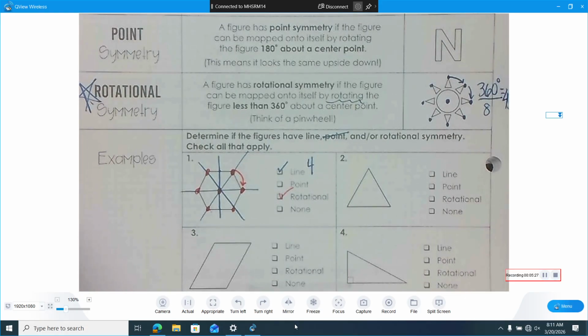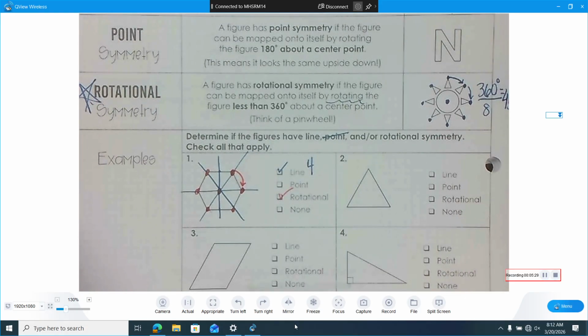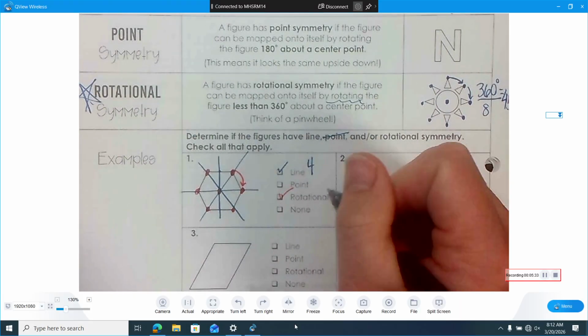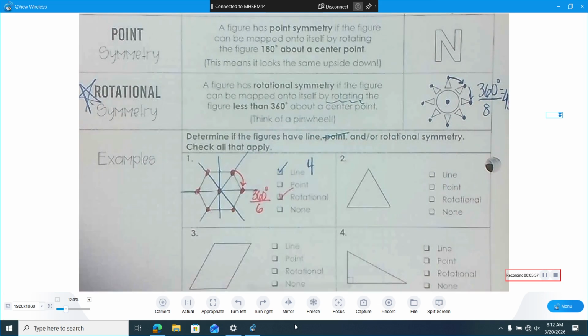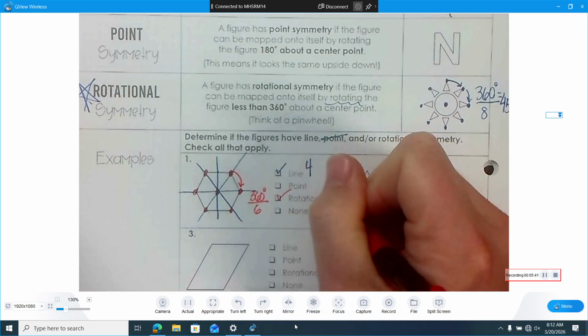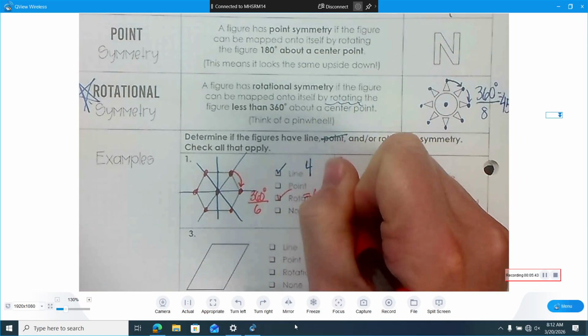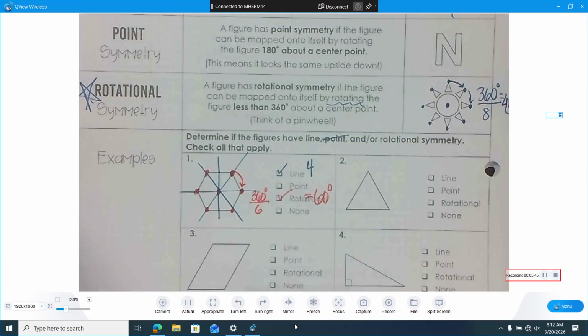Six little corners that could match up. So for the rotational symmetry, we would have to take 360 degrees and divide by those 6, which is 60 degrees. So we have 60-degree rotational symmetry there.